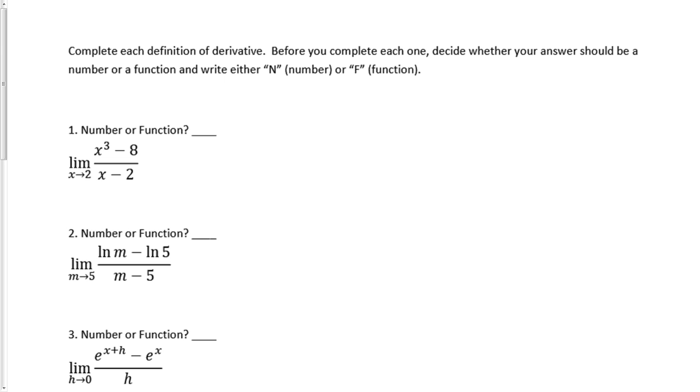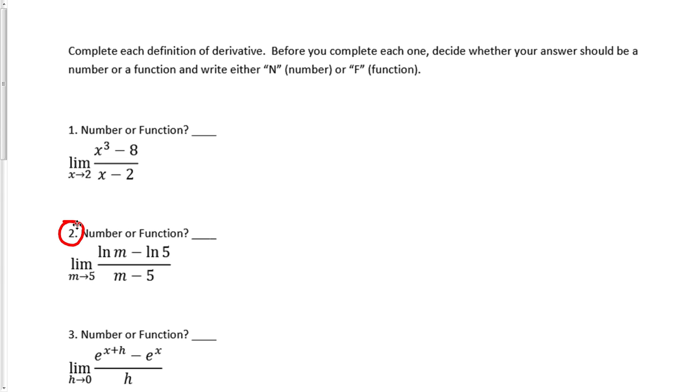So we're going to complete each definition of derivative, and before you complete each one, decide whether your answer should be a number or a function, and write either N or F. Now, the one that I'm going to do right now is going to be number 2. So first of all, is this a number or a function?